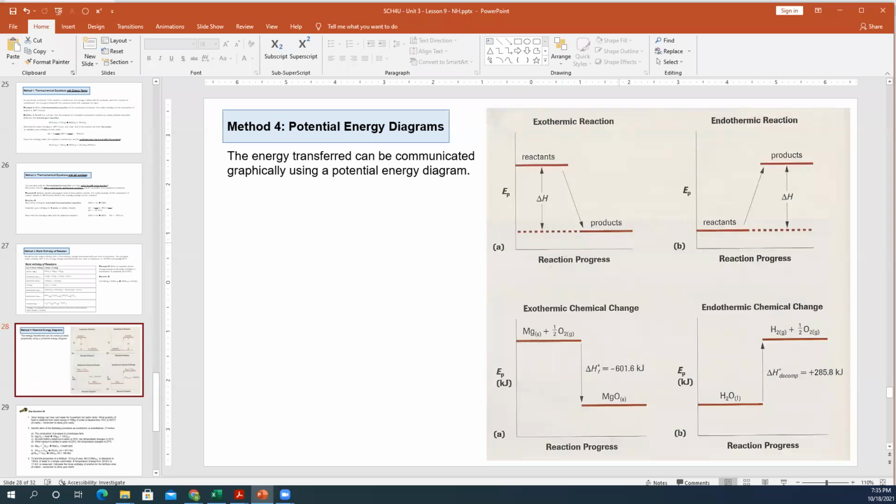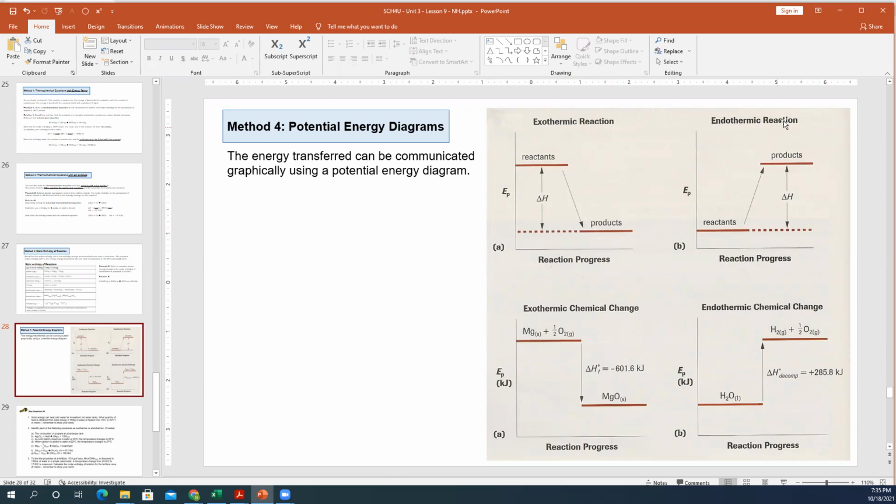Now, if you're talking about an exothermic reaction, where heat is lost, the reactants start with more potential energy and a certain delta H is lost. It's an exothermic reaction, and you get products. The products are now of lower potential energy.